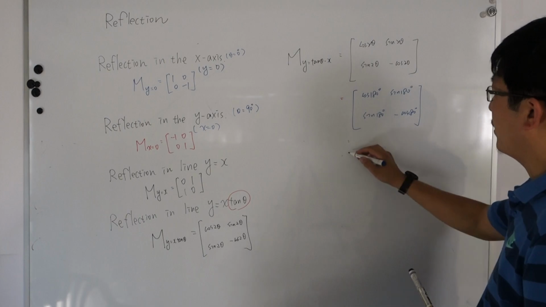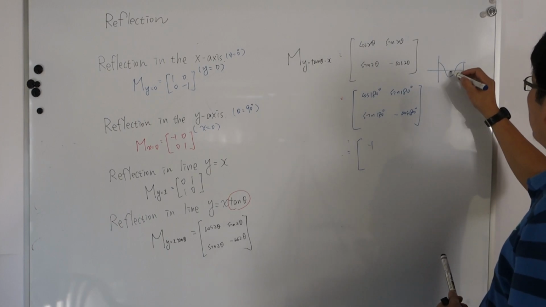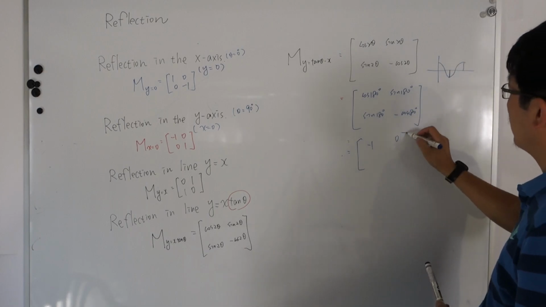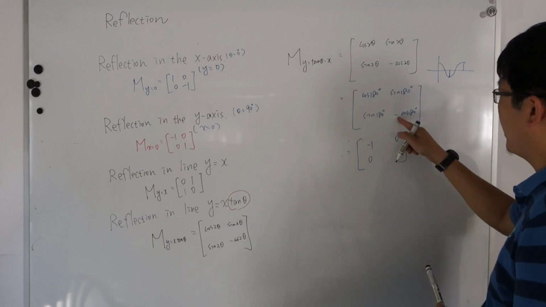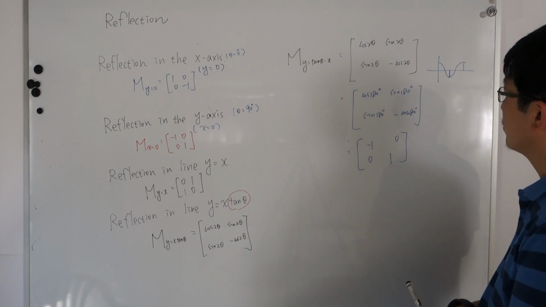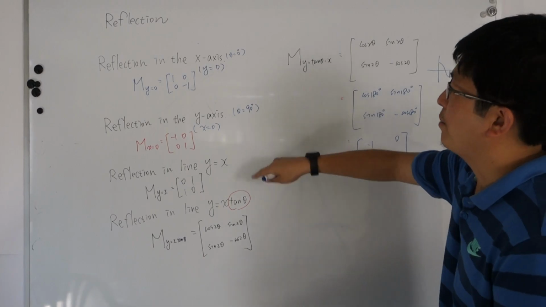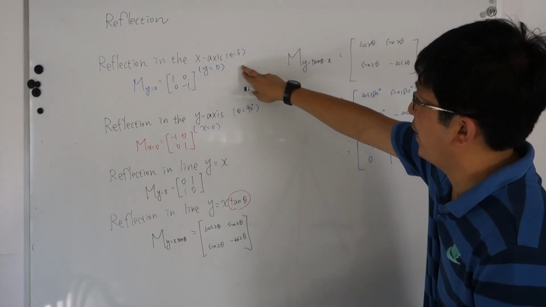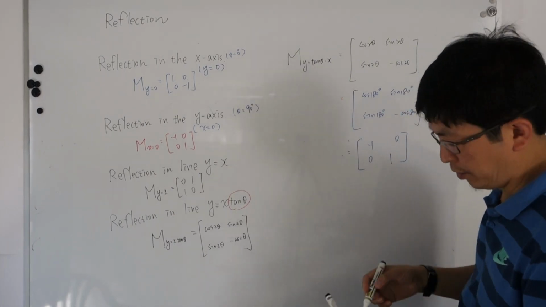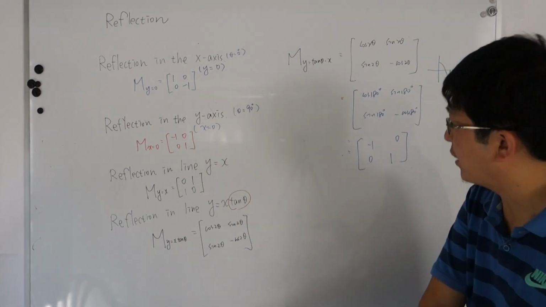Cosine 180 degrees is negative 1. Sine 180 degrees is 0. Negative cosine 180 degrees is 1. Okay? So we get this one. Understand? You just remember that for reflection in the x-axis, theta is 0 degrees, and for reflection in the y-axis, theta is 90 degrees. So you don't need to memorize these three. You just use this one, sub in, and you can get it.